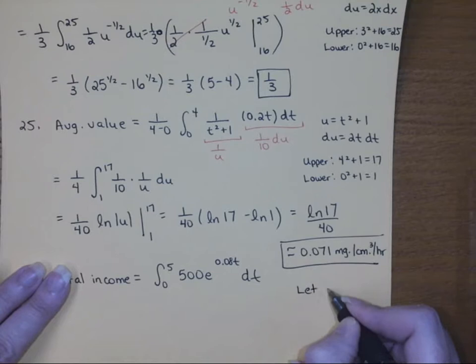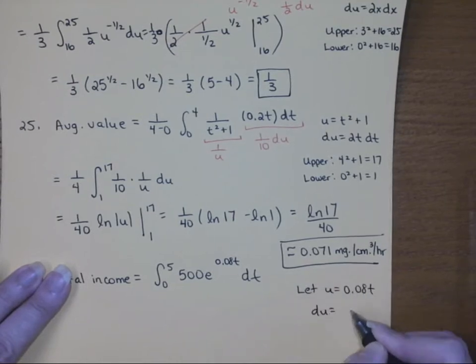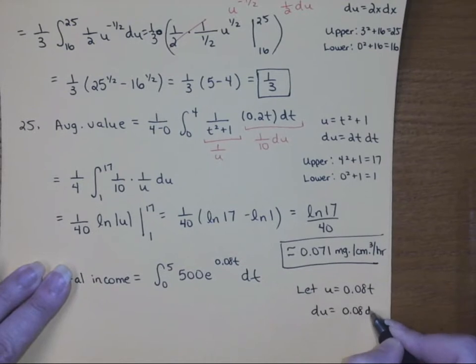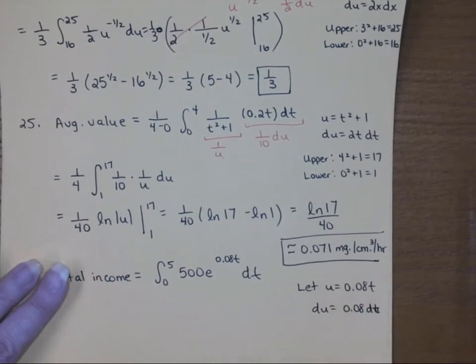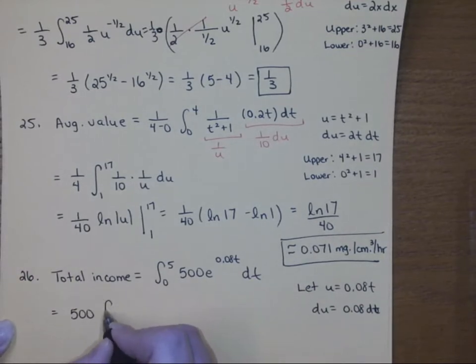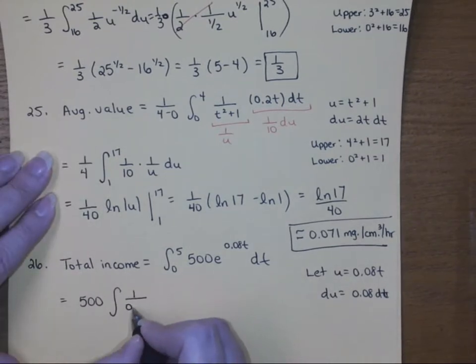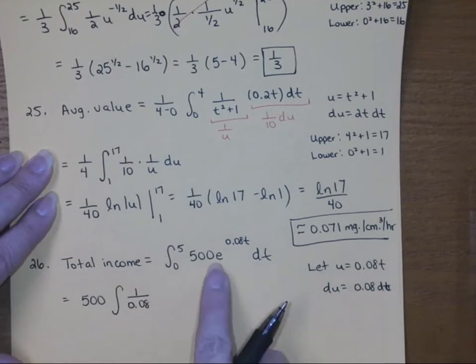So not to beat a dead horse, but this is another u substitution problem. So the derivative is going to be 0.08 dt. So let's write what I have. I'm going to move the 500 to the front. I don't know what my upper and lower limits are going to change to, so I'm just going to leave those blank. And then I have 1 over 0.08 because I don't want that to be part of this problem.